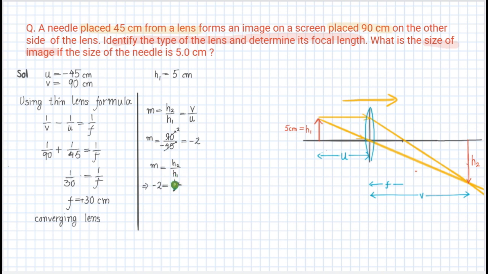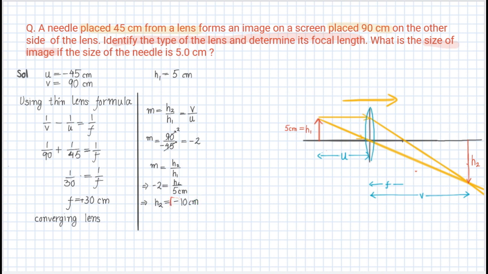Cross multiplying, h2 equals 5 times 2, which is 10, and with the negative sign it will be minus 10 centimeter. Clear?